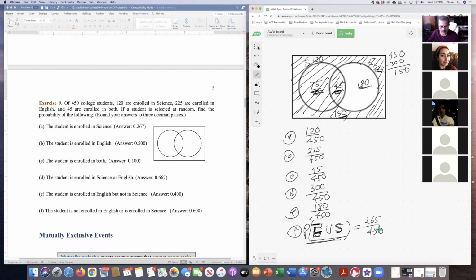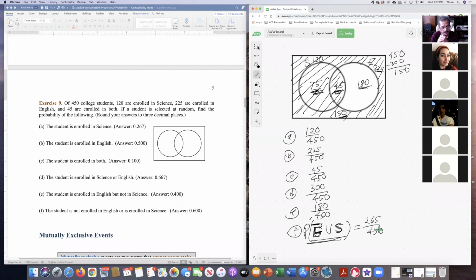I know it's a tricky question. Why do we have to take the intersecting part? Because it says the student is not enrolled in English. It doesn't say the student must not be enrolled in English, period. It says the student is either not enrolled in English or enrolled in science.